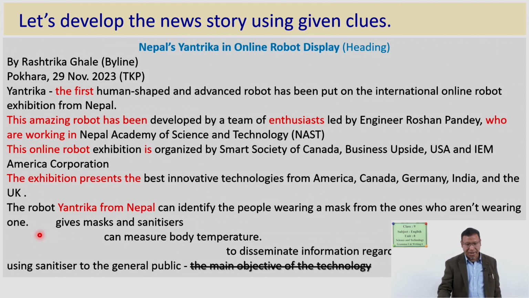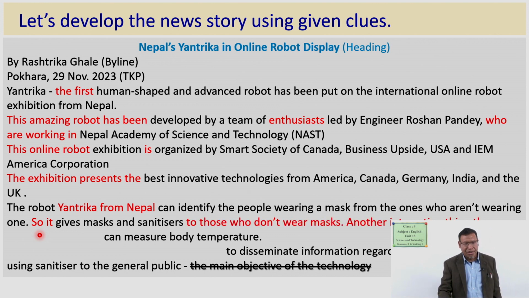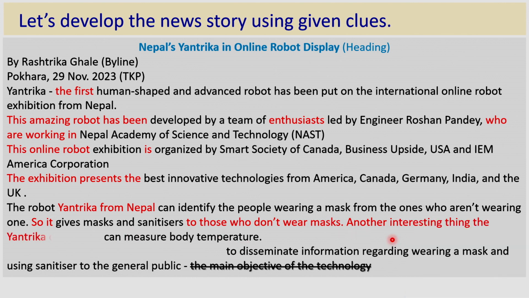Then you can also say it gives masks and sanitizers to those who don't wear masks. Another interesting thing Yantrika can do is that it can measure body temperature. In this way I have added the informations.